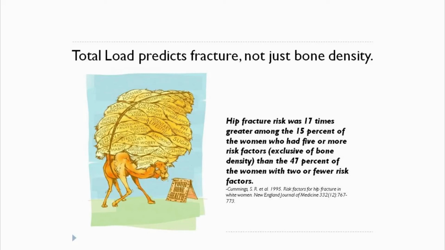And if you have any question about your total load of factors that might be increasing your risk for fracture, just go to our website, betterbones.com, and fill out our very nice fracture risk assessment. You'll be able to see an array of risk factors, and you can judge your total load that way.